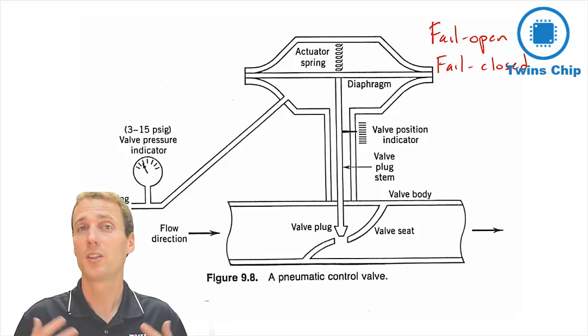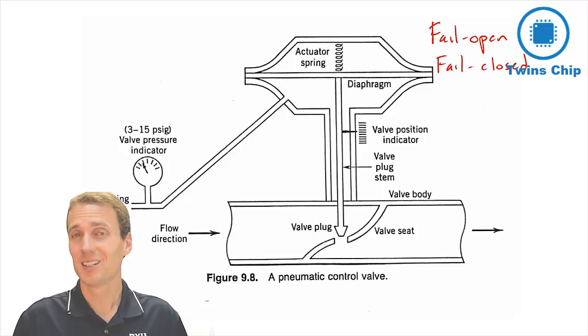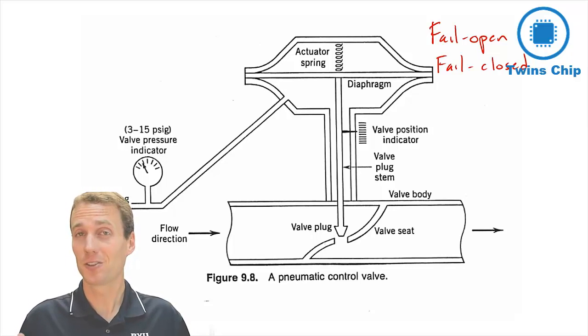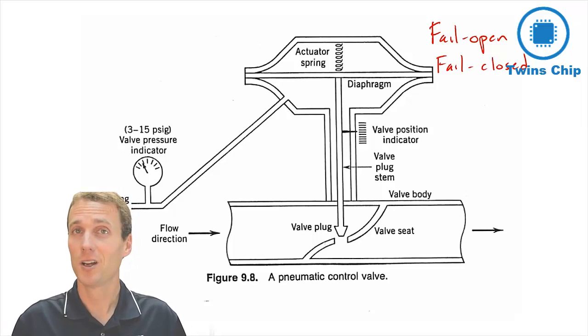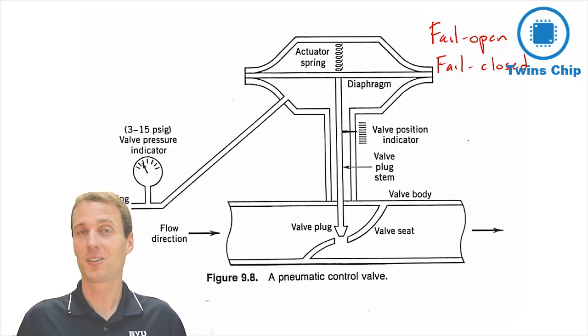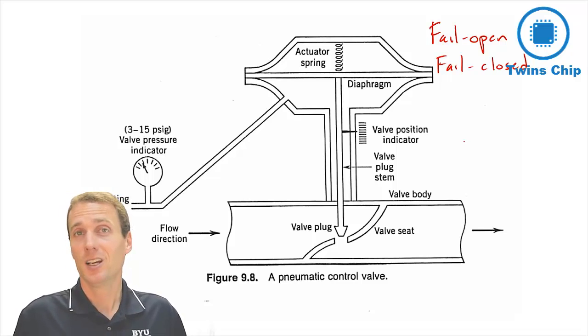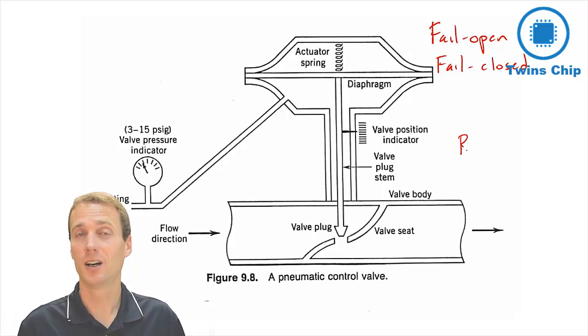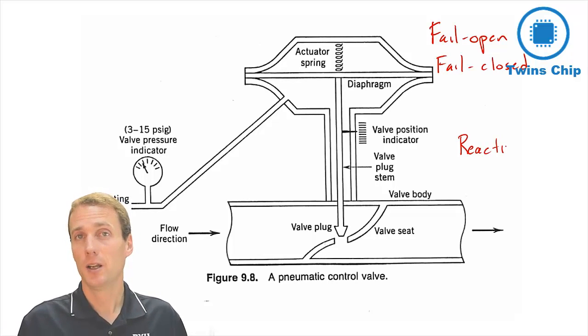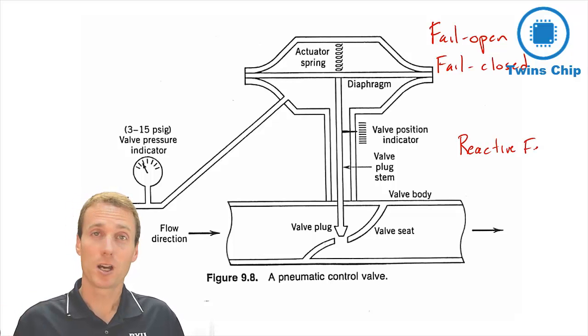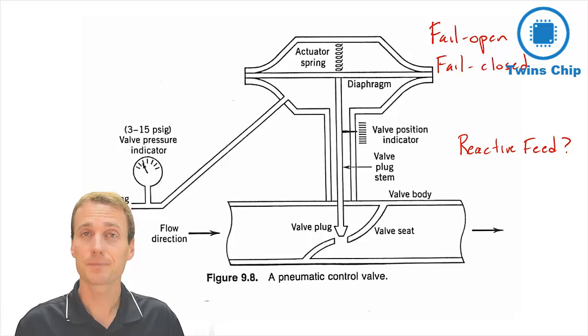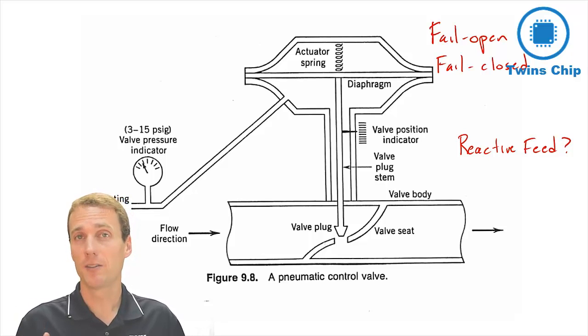So one of the things that's important to consider is would it be better for the valve to remain open or remain closed? So for example, let's say you have a reactive feed to a reactor. And if the power shuts off on the plant, or there's some sort of failure, you'd rather have that valve for the feed to the reactor close automatically.